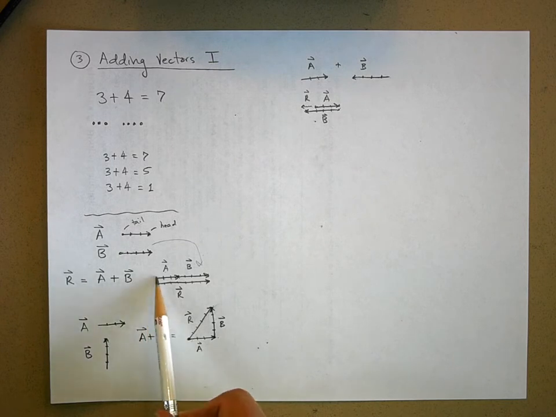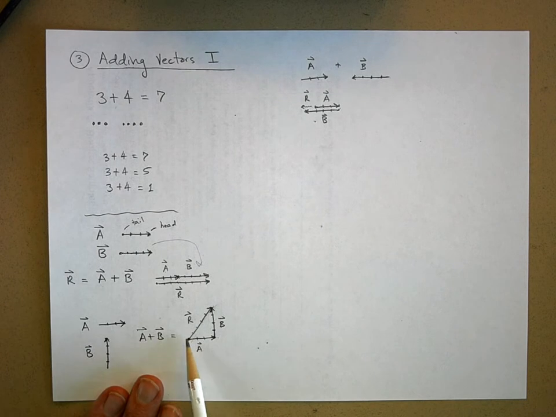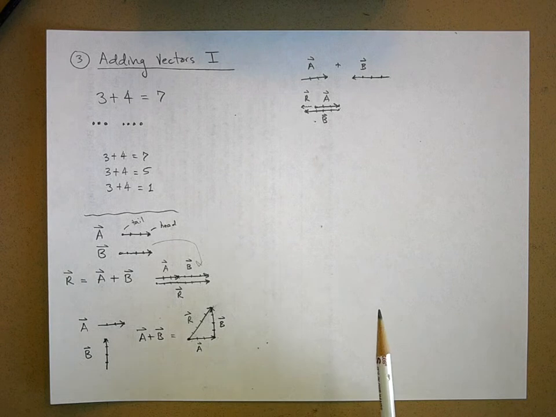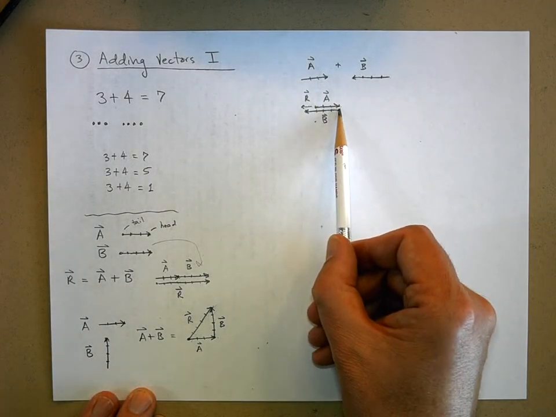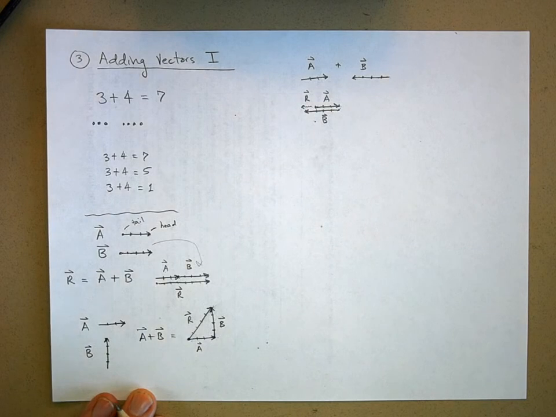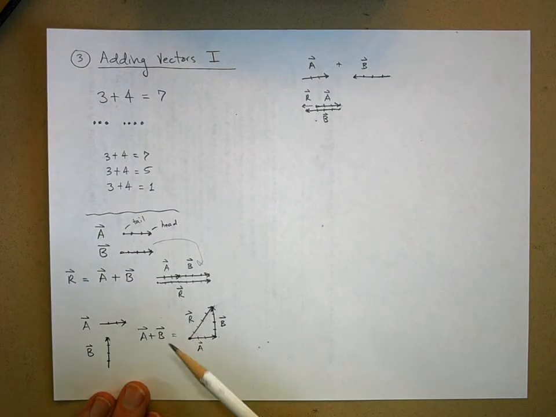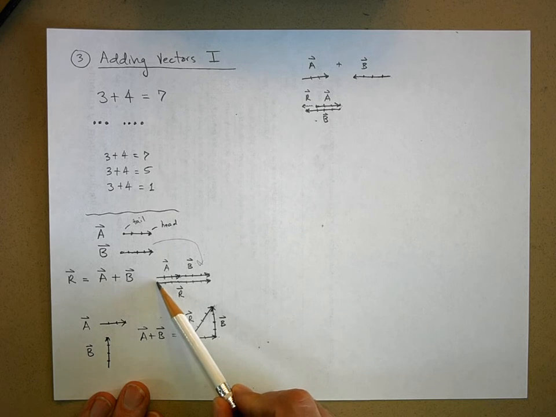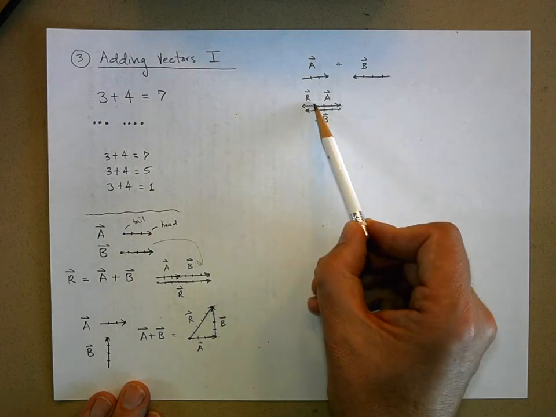If they're in the same direction, here's A and B. If they're perpendicular to each other, A plus B. If they are in opposite directions, you go A plus B. And the result of all of this is to start where A started and end where B ends. And so here you get 7, here you get 5, and here you get 1.